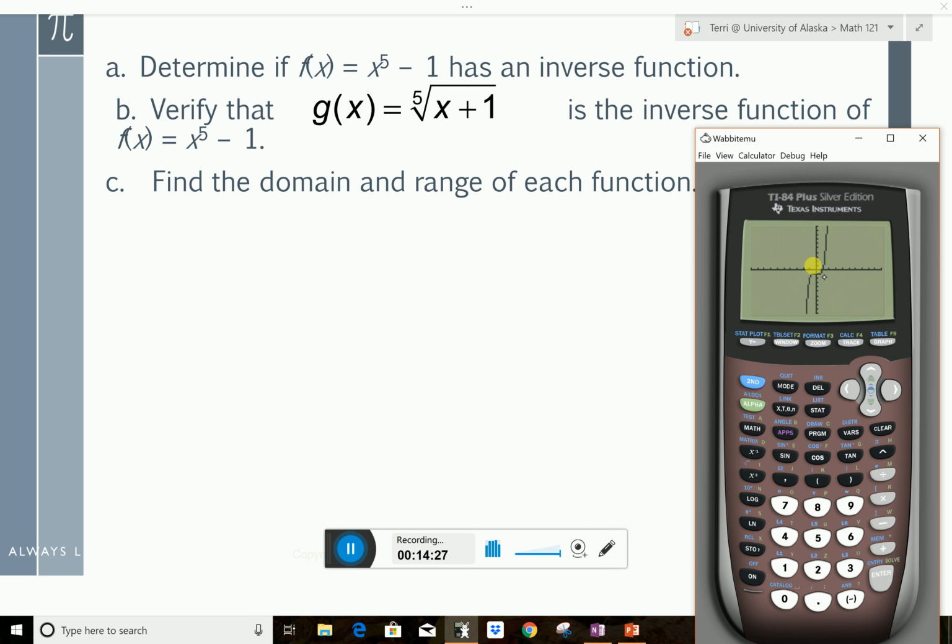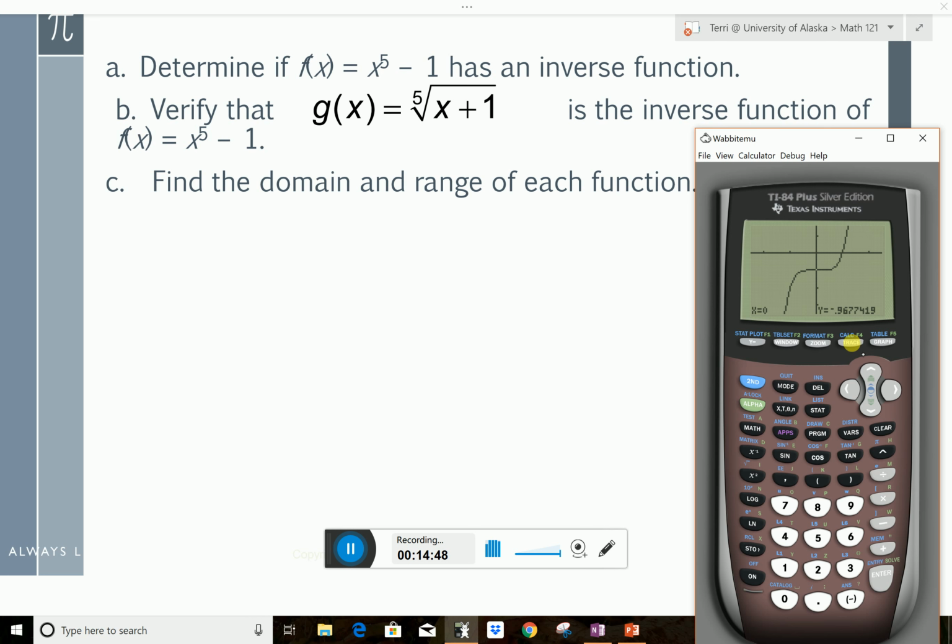Now I could zoom in, and you can see how that is not exactly that kind of line. So this passes the horizontal line test. I can show you a little bit. If I zoom into where it crosses right there, it doesn't quite get exactly horizontal.